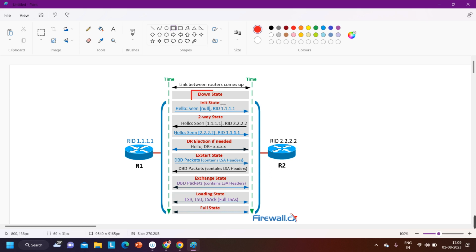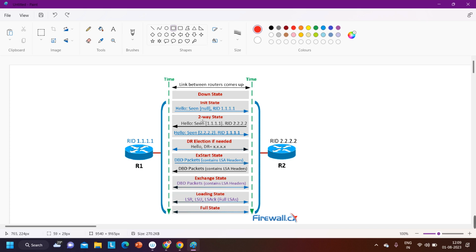In down state, the router is only sending hello messages but not receiving them. It has received a hello message on the particular interface, but in that hello message the neighbor router ID is null. In two-way state, the neighbor router ID is also there.